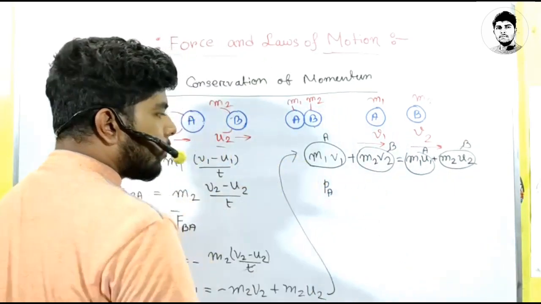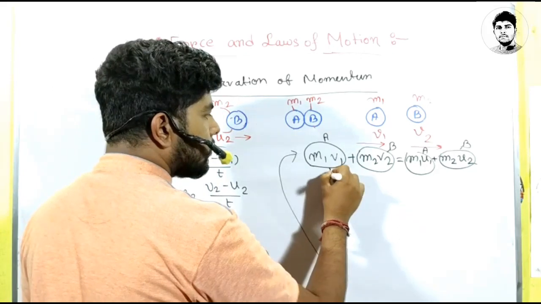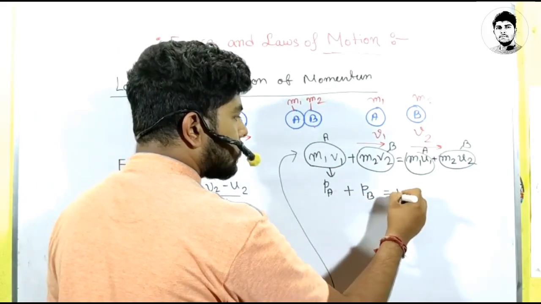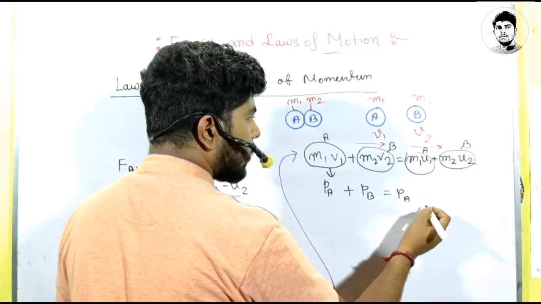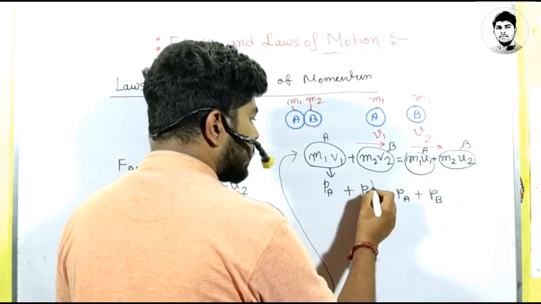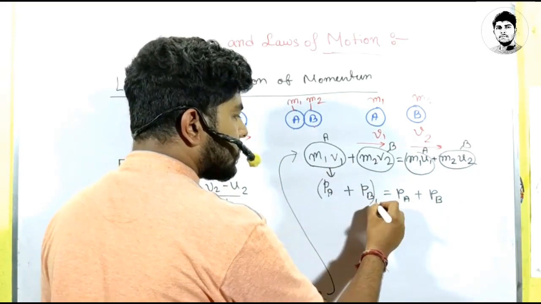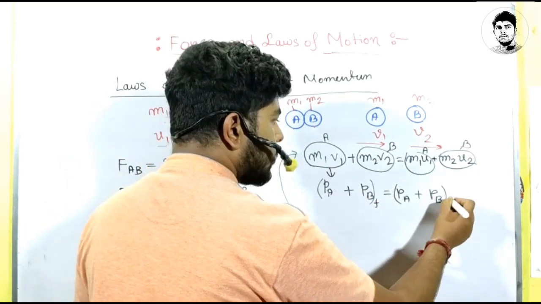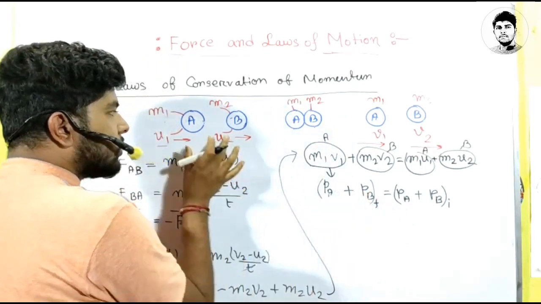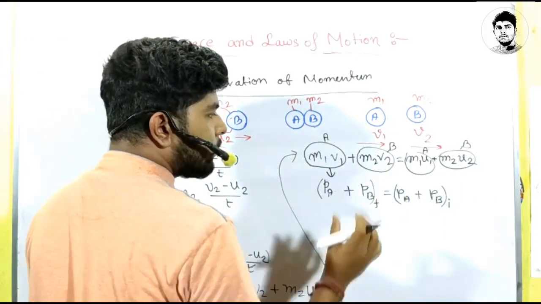If P represents the momentum, then PA is the momentum of object A and PB is the momentum of object B. This is the V, so that means this is the final and that is the initial. So this is the total final momentum of this system.